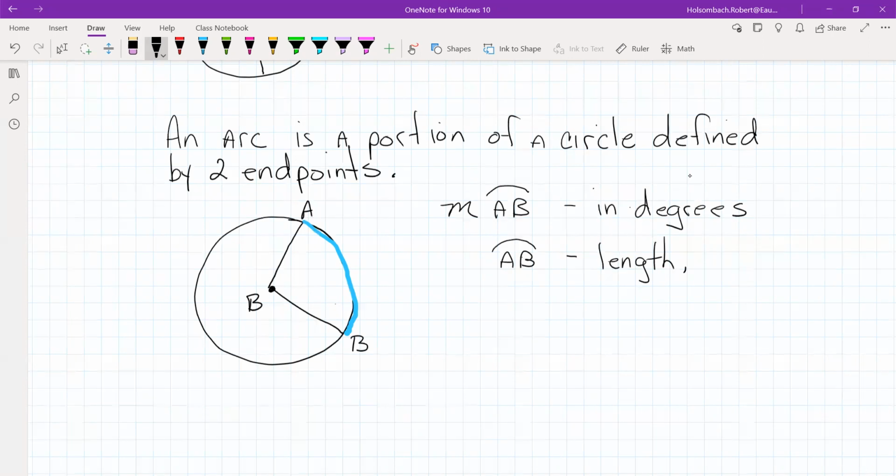So the measure of arc AB is in degrees. And if there's no cursive lowercase m, then we're talking about the length of the arc AB. And the length is going to be in the same unit measure as the radius or diameter.